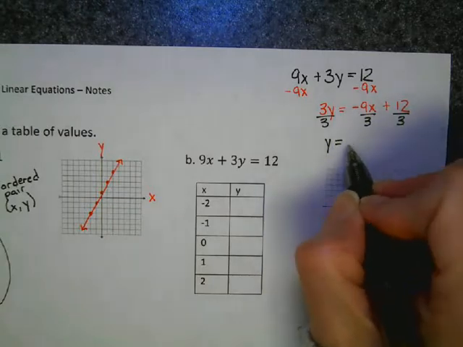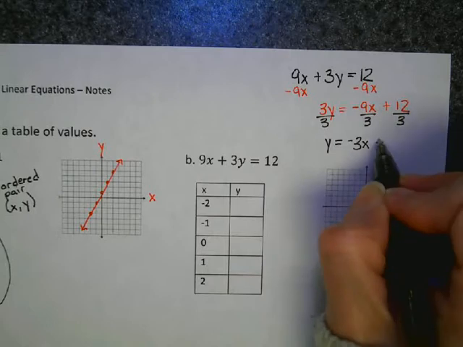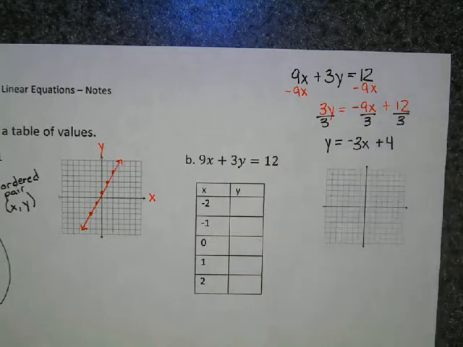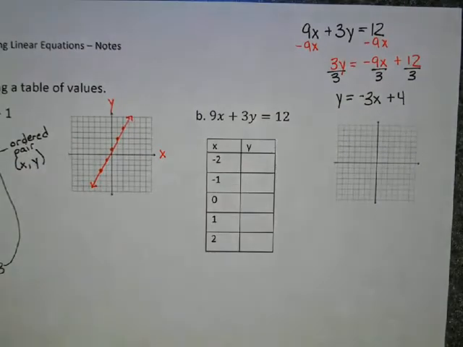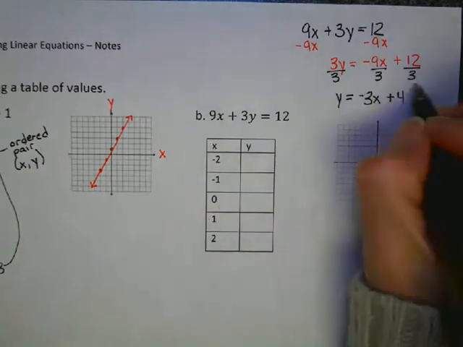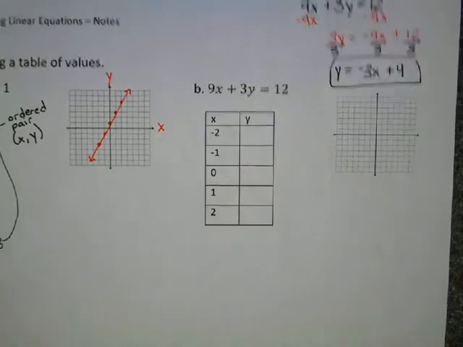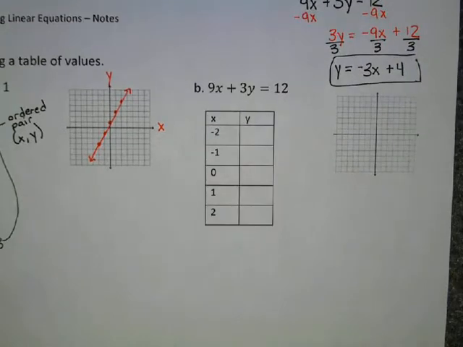So negative 9 divided by 3 is negative 3x. 12 divided by 3 is positive 4. Alright, now this is the equation I'm going to use to plug the x values into. So I'm going to circle that up here, box it in. That's the equation I'm going to use to plug in my x values.